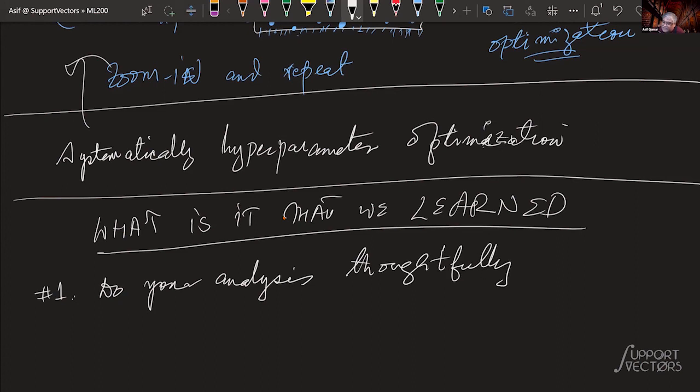The more you think about what you're doing, the better you'll do. It looks almost like a cliche or a trite statement, but if there is one message I wanted to give in ML200, the overarching message is be thoughtful in your analysis.